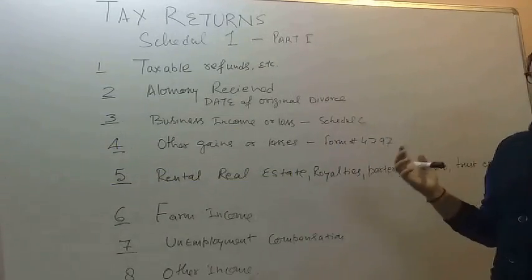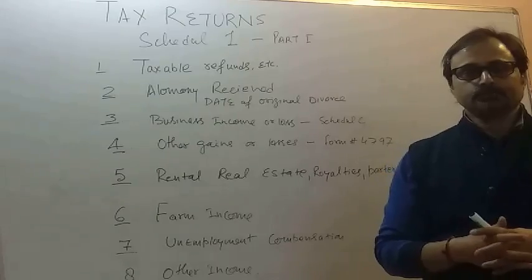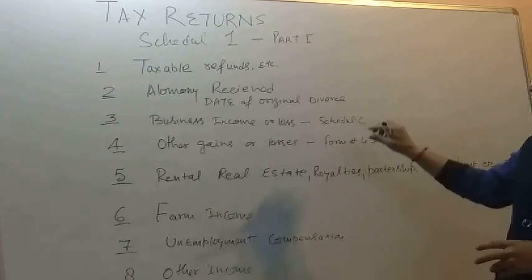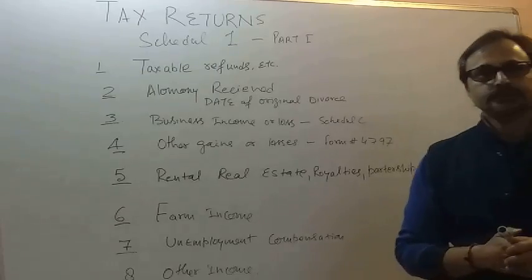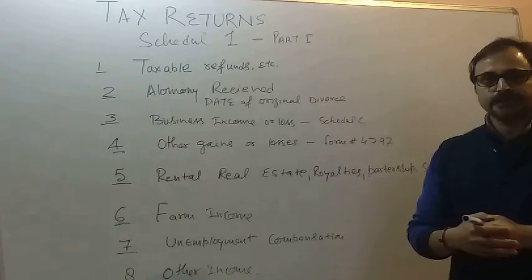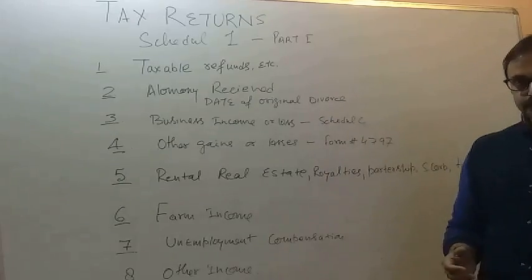Whenever we review the alimony income, how to calculate alimony income, and what documents need to be reviewed, we know that this date can be verified from the divorce decree, right? Whenever we review the divorce decree, I will let you know what needs to be checked here or what the relevance of this date is.